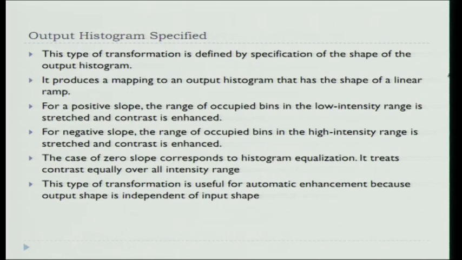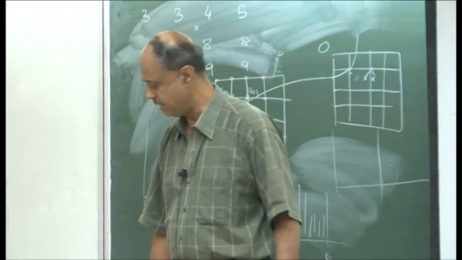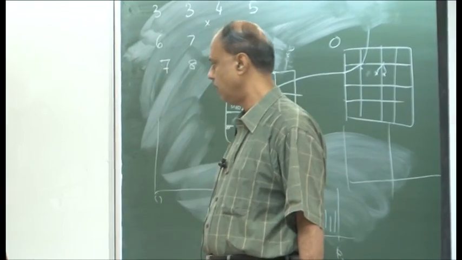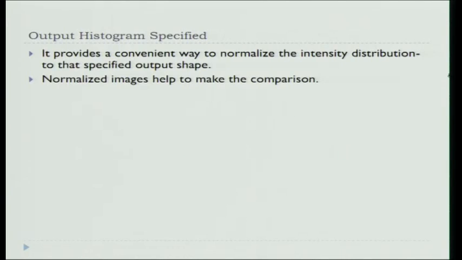And since I know a priori the stretching level, that is, I want to stretch only the lower intensity level, this also can be done automatically. No manual intervention is required. Sometimes I don't know. Now this transformation is also useful to compare the two images.